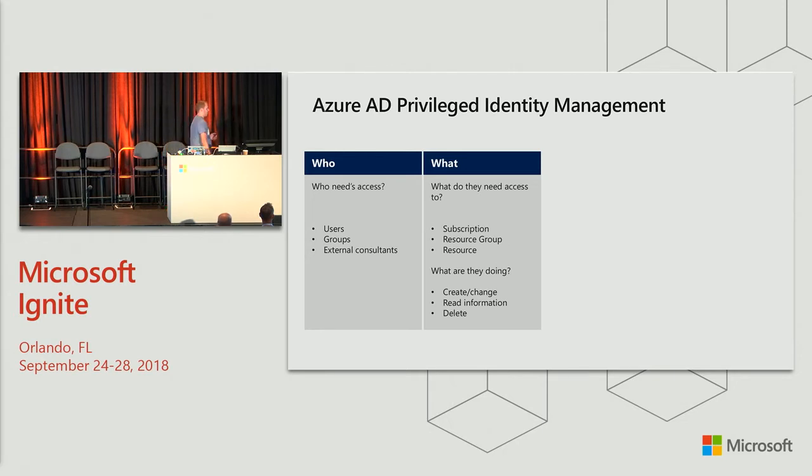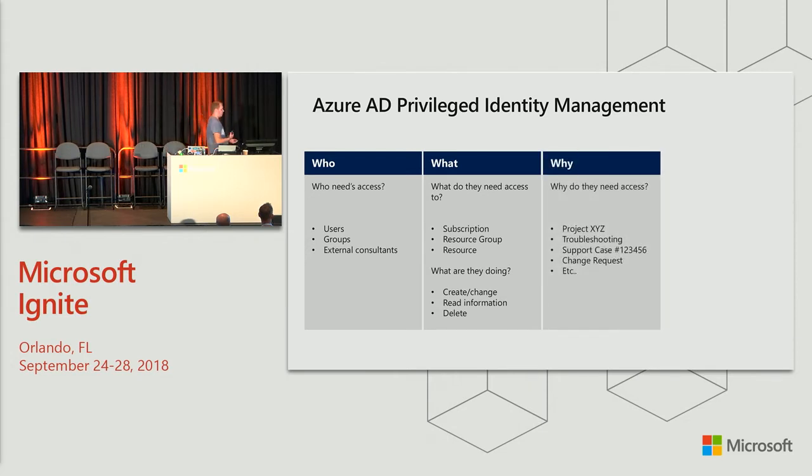Then we need to know what exactly they're building. Are they creating something? Are they changing something? Should they only be able to read the information, or should they be able to delete? The last one you should probably not give everyone access to, or at least require some approval of that. And that's where privileged identity management is very useful.